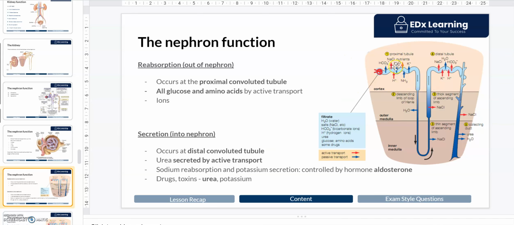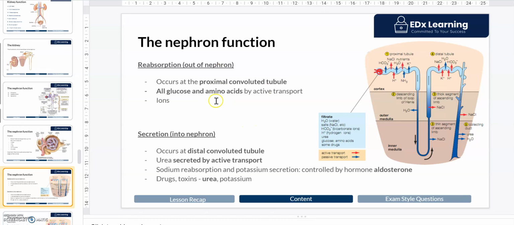However, we have two substances that are reabsorbed actively here. The two key substances that are reabsorbed actively, requiring energy and hence 100% taken out of this proximal convoluted tubule, are your glucose and amino acids.